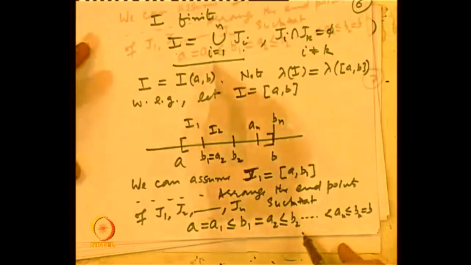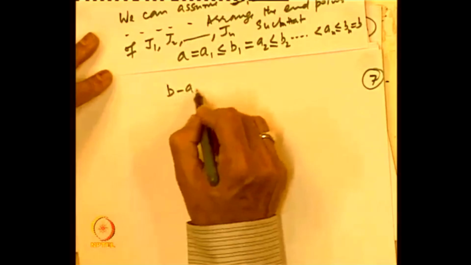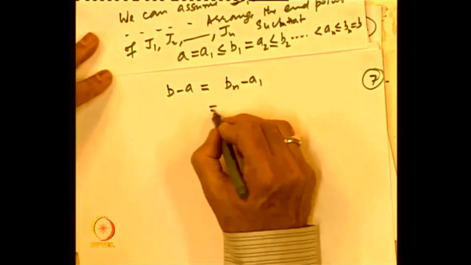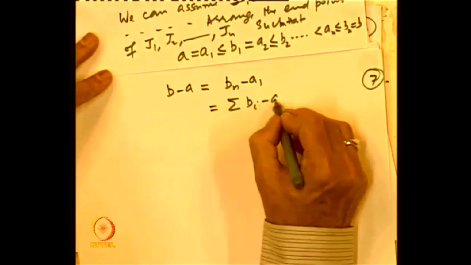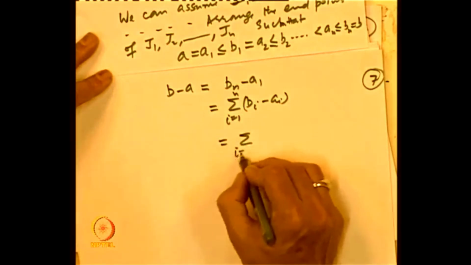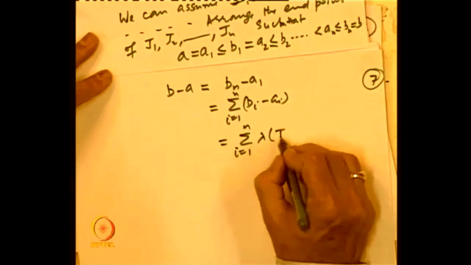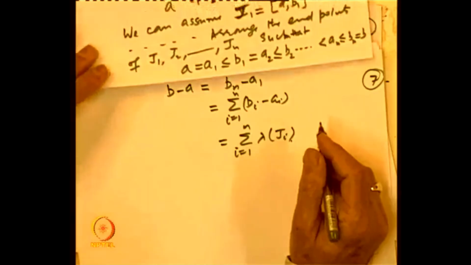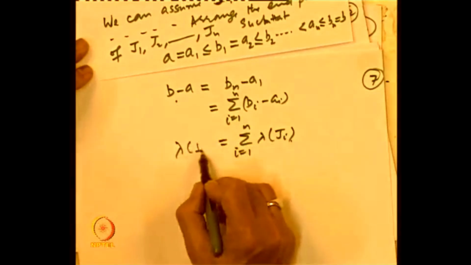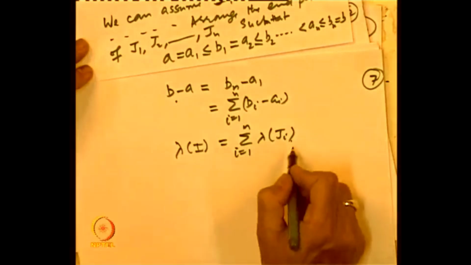That clearly says that B minus A is equal to Bn minus A1, which is equal to the summation of Bi minus Ai, i equal to 1 to n, by adding and subtracting these terms in between. That is the same as the summation of lambda of J_i, i equal to 1 to n. So whenever I is a finite interval, I is equal to the union of J_i's, and they are pairwise disjoint, we have gotten that the length of I, which is B minus A, is equal to the summation of the lengths of J_i's.